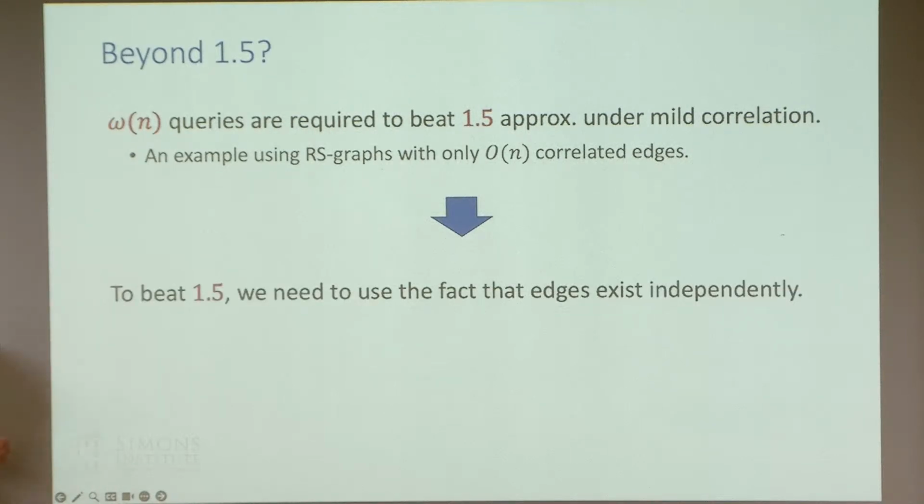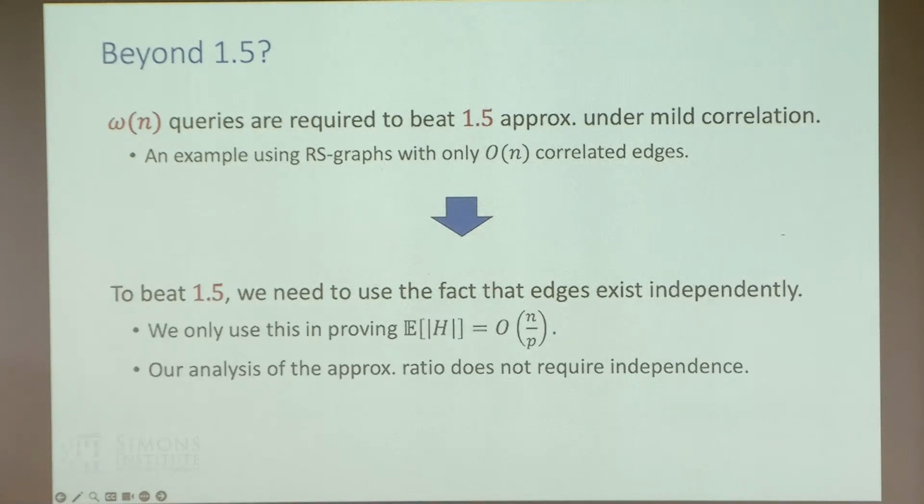To beat that, we need to heavily rely on the fact that edges are correlated, and our algorithm and analysis do not do that. We only use that in showing that the number of edges that we query is O of n over p. In the analysis of our approximation ratio, we don't use that at all. If someone wants to beat 1.5, they should do that. My intuition is that this algorithm cannot go beyond 1.5, so we need different ideas.